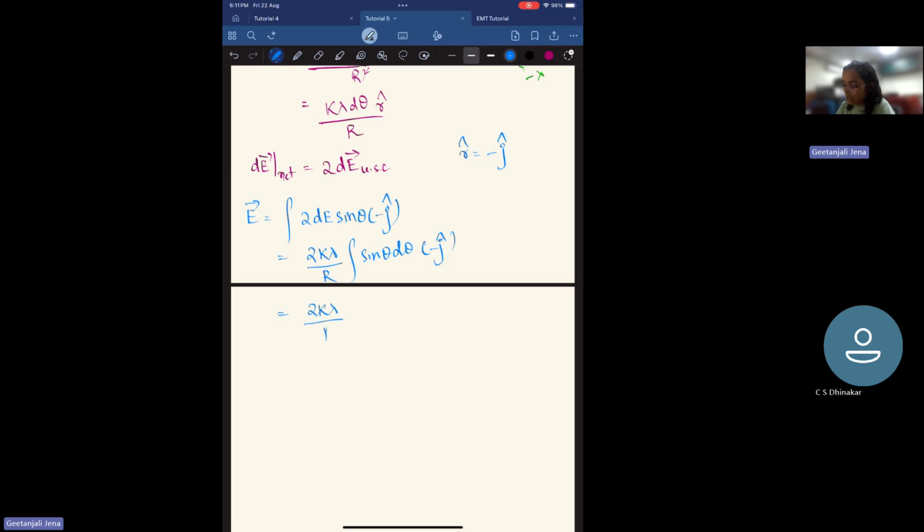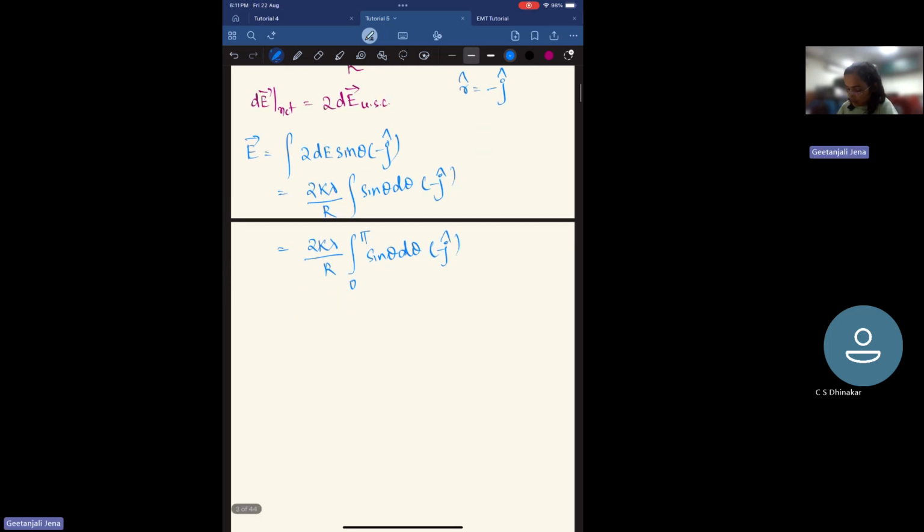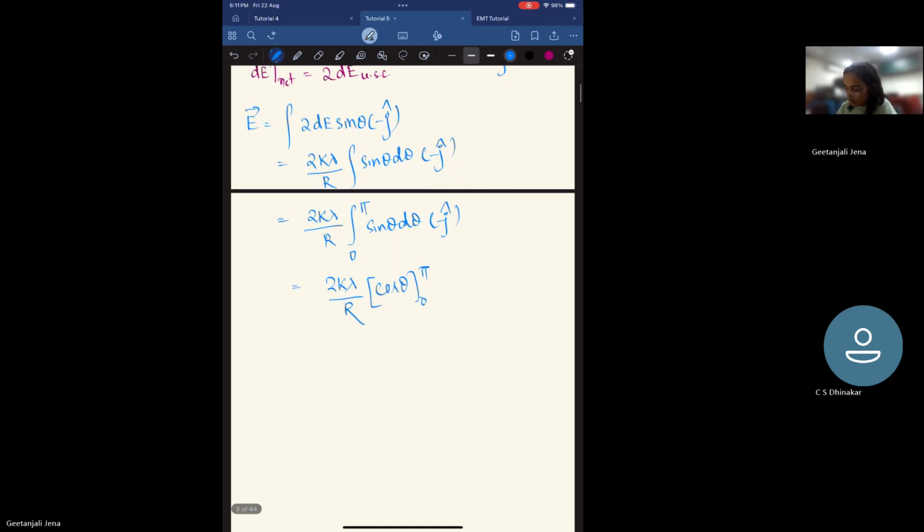Instead of 0 to 2 pi, we'll take 0 to pi. And this is easy to find out. This will give cos theta from 0 to pi. So we'll have minus lambda by pi epsilon r.